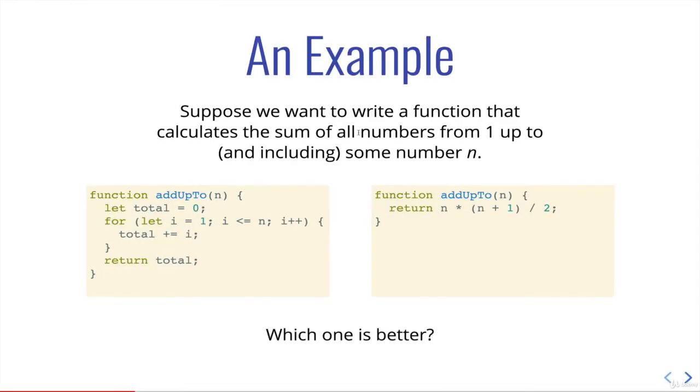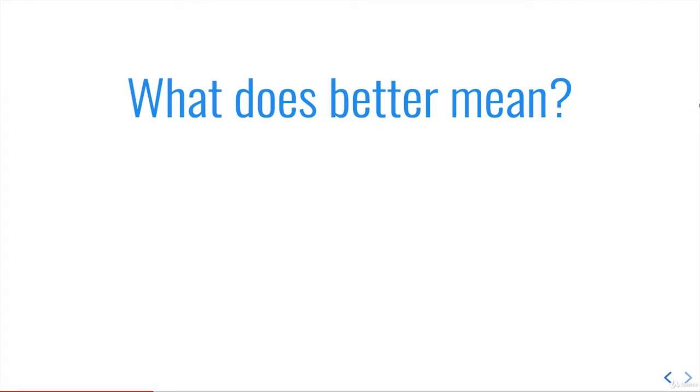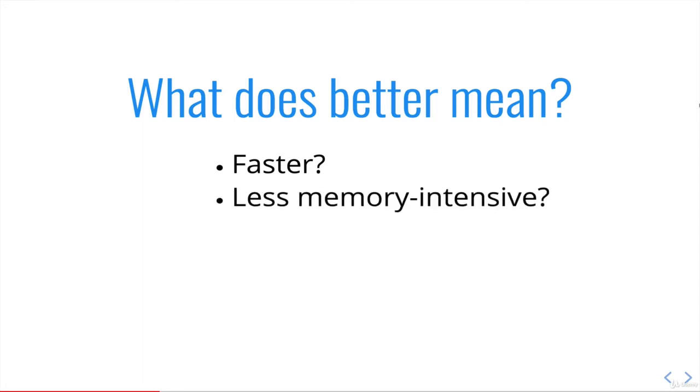Which one is better? And of course, the first thing that we could ask is, what does better actually mean? Does it mean the faster code in seconds or milliseconds? Does it mean the code that's fastest when we're adding a small number versus a large number? Let's say we want to benchmark it when we add up all the numbers between 0 and 1 billion. Is that a good test? Or is it about how much memory is used?